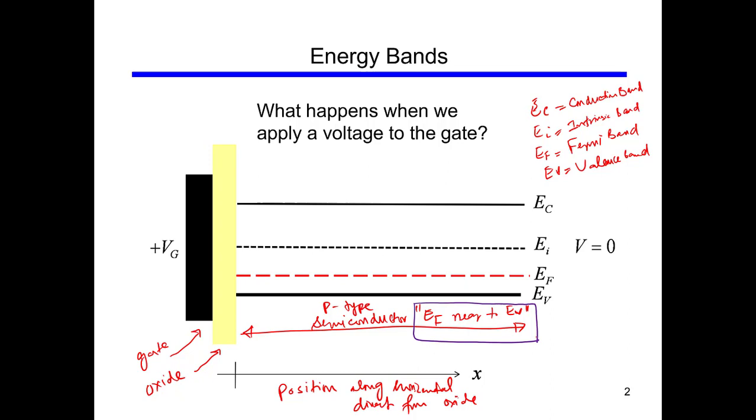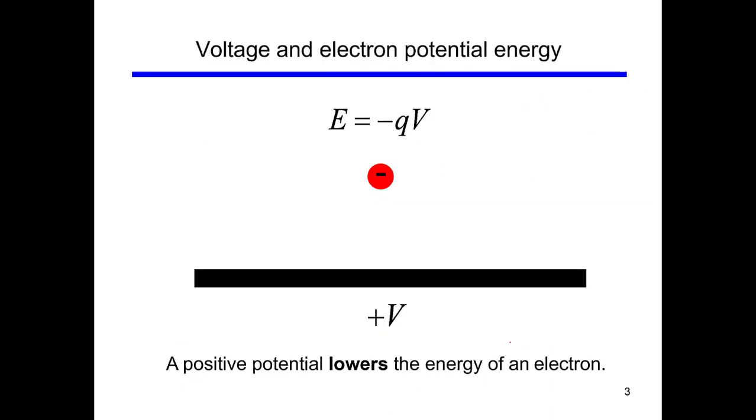And in the n-type it will be near to the conduction band. So let's see what happens when we apply a voltage to the gate. Now this is the situation when there is no voltage. What will happen when we apply a voltage?